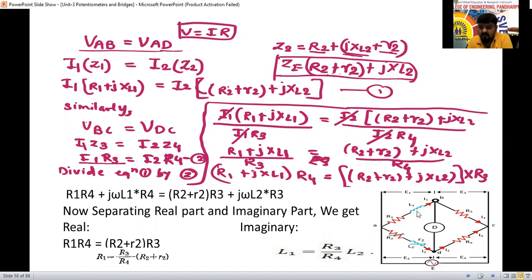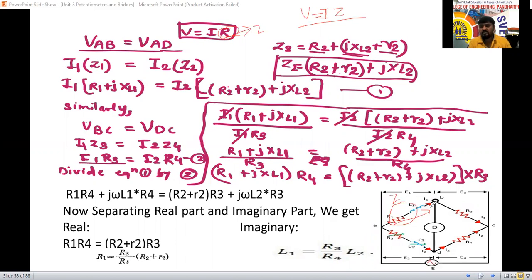VAB is nothing but this, I1, current flowing through I1. According to Ohm's law, what is the formula? V equals IR for the DC, if only resistance is there. So for AC bridges, resistance is replaced by Z, which is nothing but V equals IZ. Yes or no? V equals IZ. So VAB is nothing but I1, the current flowing through this one, and the total term is called Z1.